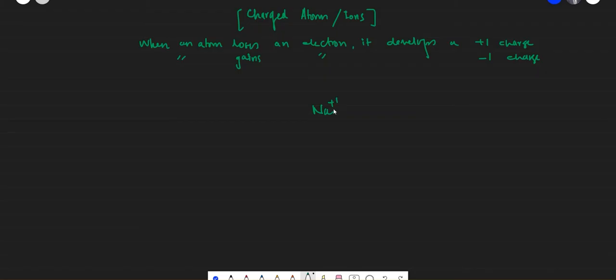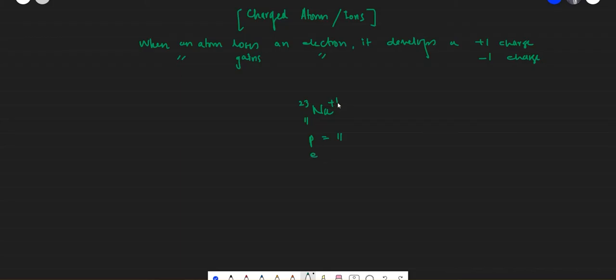Sodium +1 means it has lost an electron. So how would we write the subatomic particles for sodium 23 ion? Protons would be the same, 11. You cannot change protons because if you change protons, you change the element. How many electrons? Now this is not a neutral particle.